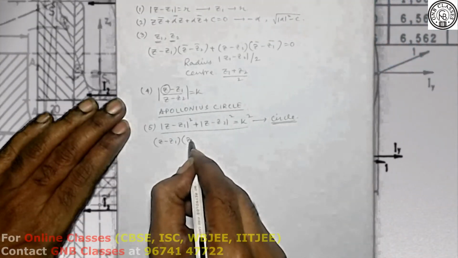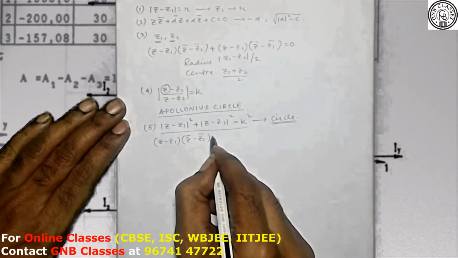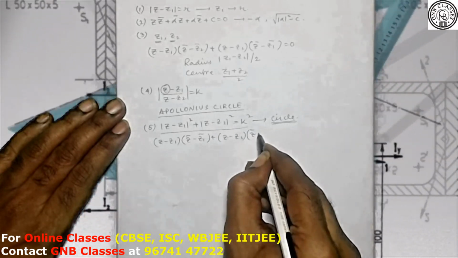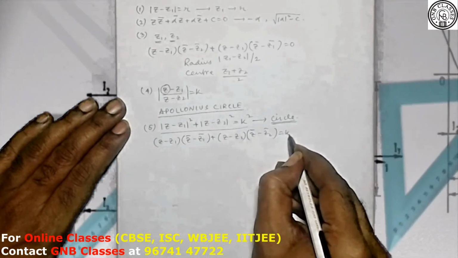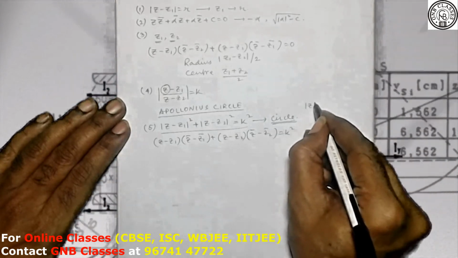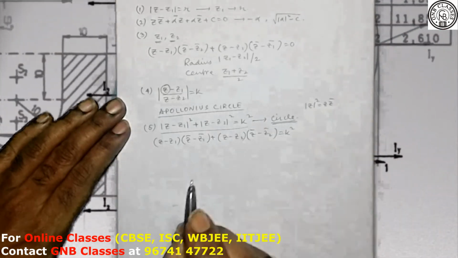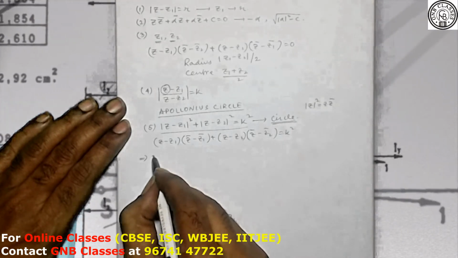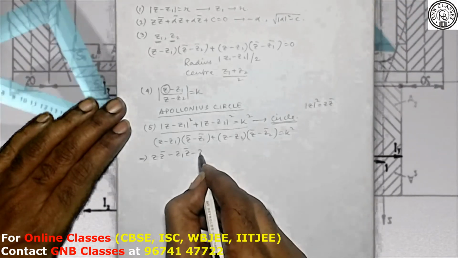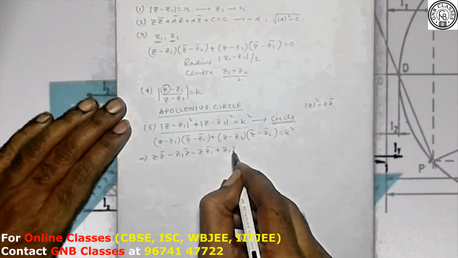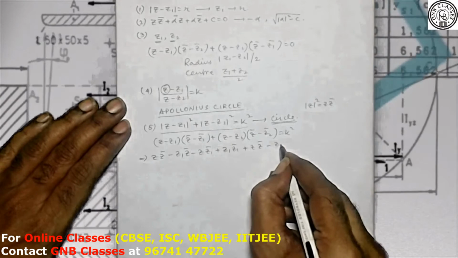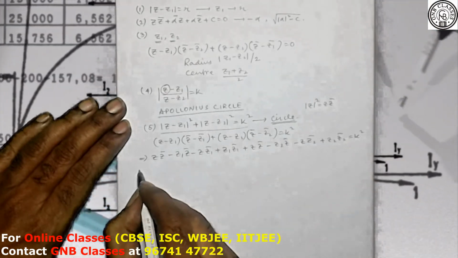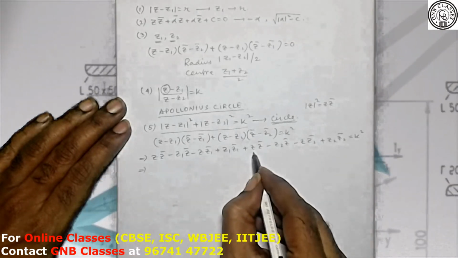Z minus Z1 into Z bar minus Z1 bar plus Z minus Z2 into Z bar minus Z2 bar equals K square, right? Because we know that mod Z square is nothing but Z into Z bar. Now if I multiply, let me do it a little fast. So we are having Z Z bar and Z Z bar is here.